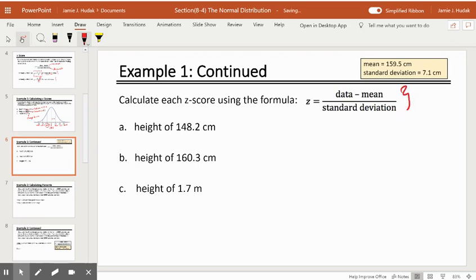Here's our formula. I put the mean and standard deviation here for easy recall. And for part A, we're going to say that the z-score, and I'm going to list this in the subscript. So the z-score of 148.2 is equal to 148.2 minus 159.5 all over 7.1.